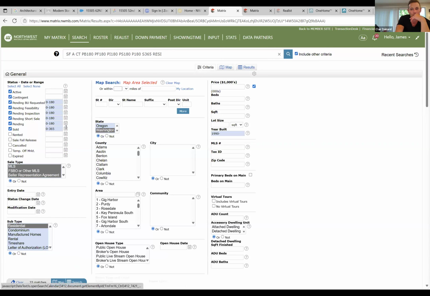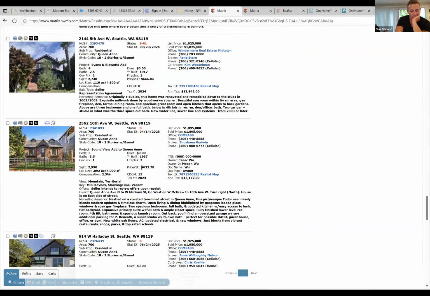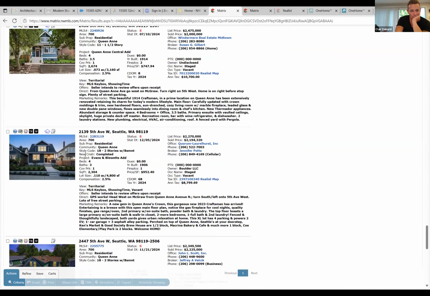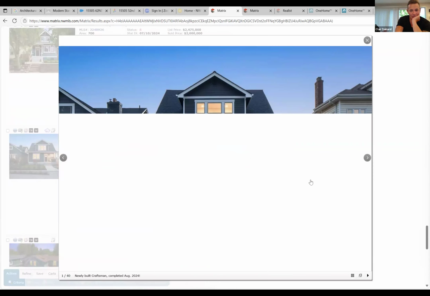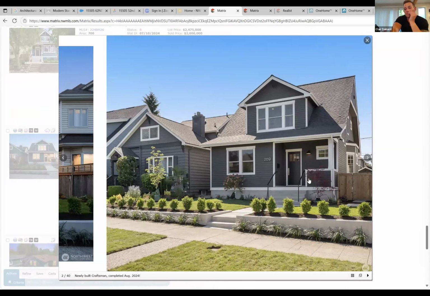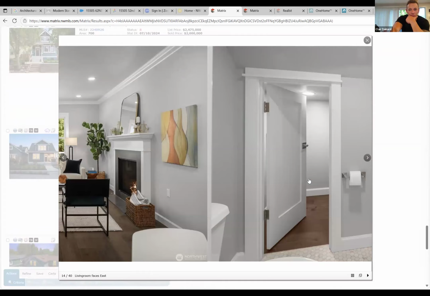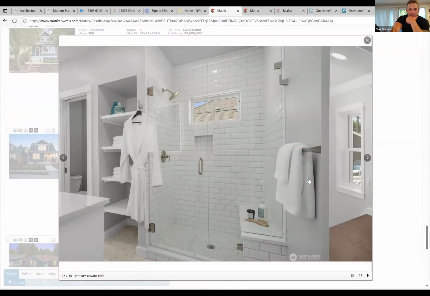And this one here at 2,300 square feet says down reno.